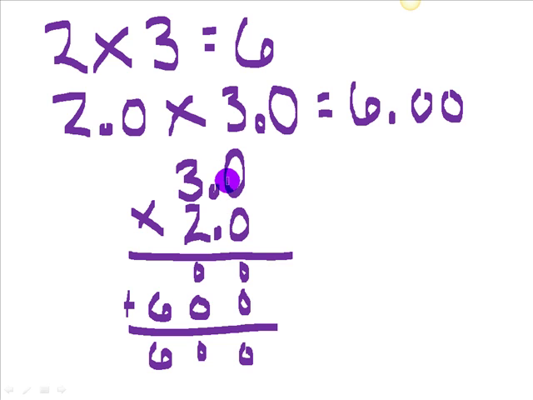I count the number of numbers that I have to the right of the decimal, and so that's 1, 2, 1, 2, place my decimal. So now I have 3.0 times 2.0 is 6.00, but that's equal to 6.